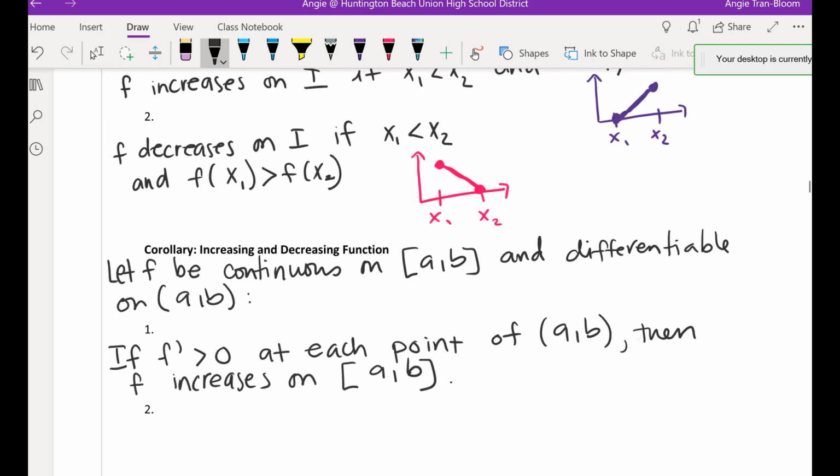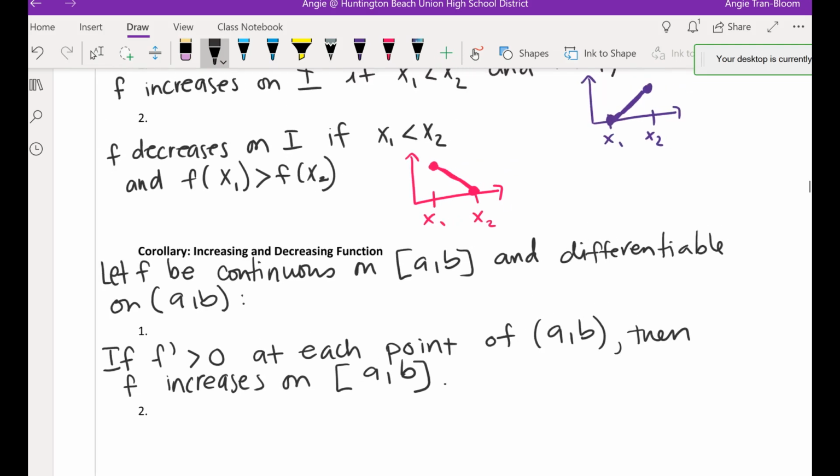So let's look at our drawing, because we already have the drawing. f prime is really talking about the derivative. Would you guys agree? If the derivative is positive, then by definition, is it increase or decrease? Increase. So let's look at the purple drawing. If I take the derivative of that, positive or negative? Positive, right? So that backs up this definition. Now, if I take the derivative of the red curve, positive or negative? Negative. So same definition here.